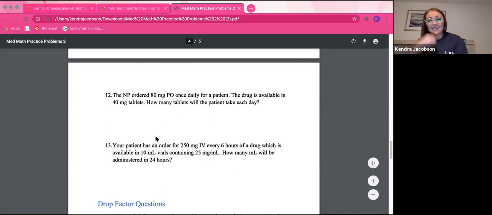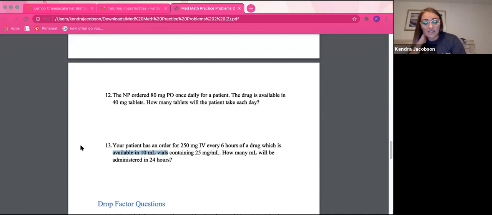There are a lot of numbers thrown in there just to distract you from what you need to know. One of those numbers is the 10 milliliter vials. That's a distracting number. You don't need it whatsoever because it's not going to help you get to what you need to get to.